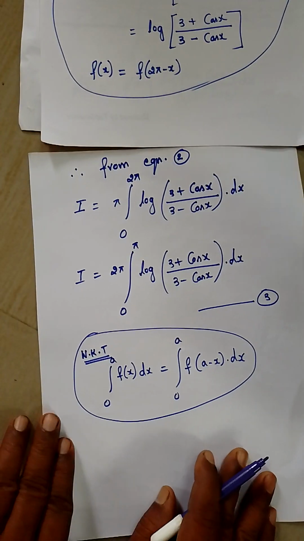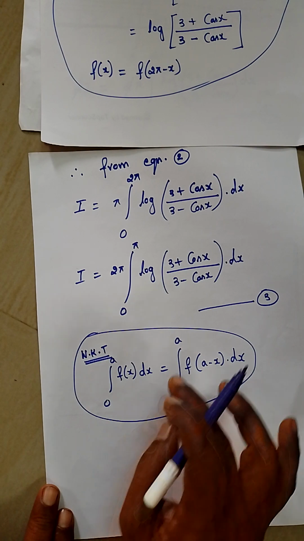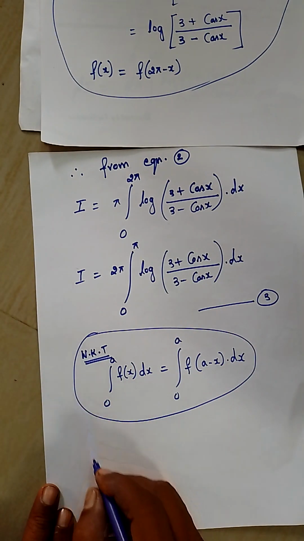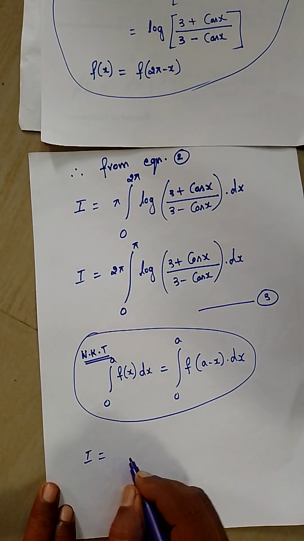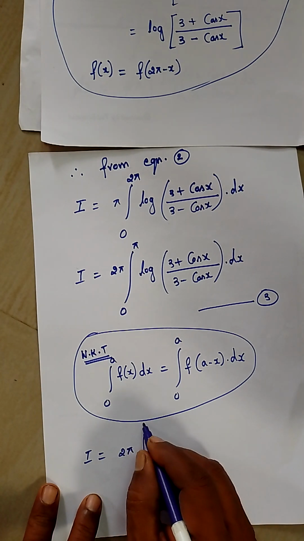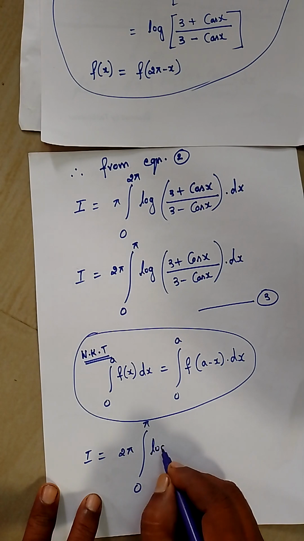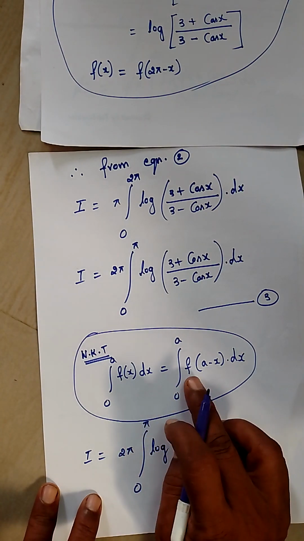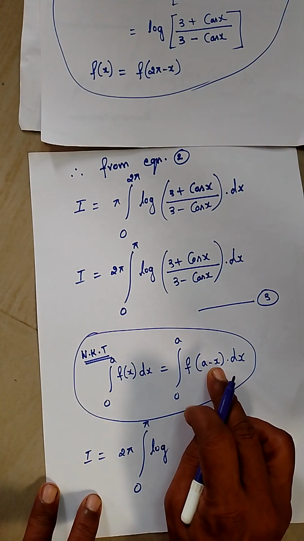So making use of this property, this equation will become I is equal to 2 pi integral 0 to pi log, where f of x is replaced by f of a minus x.